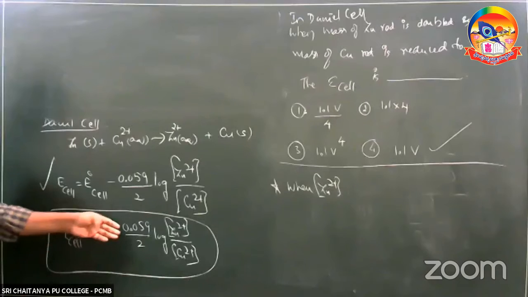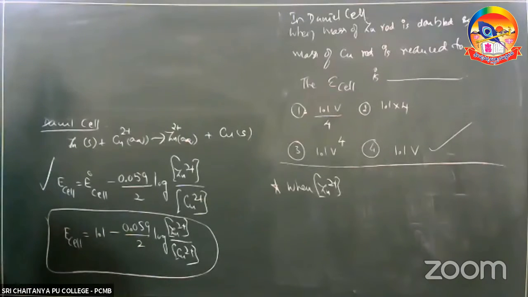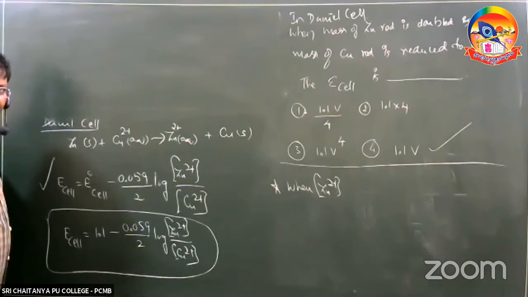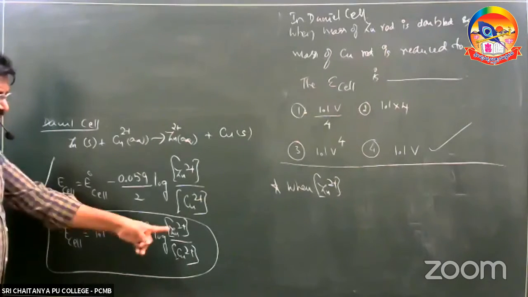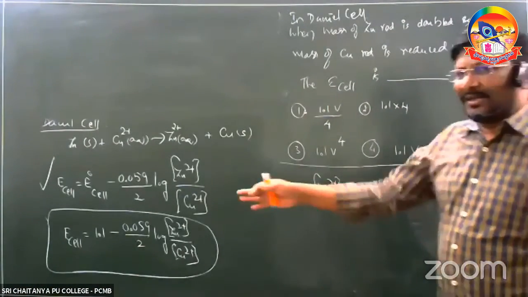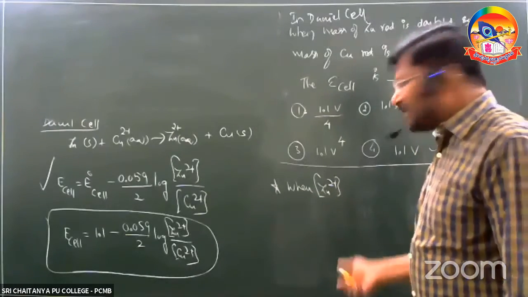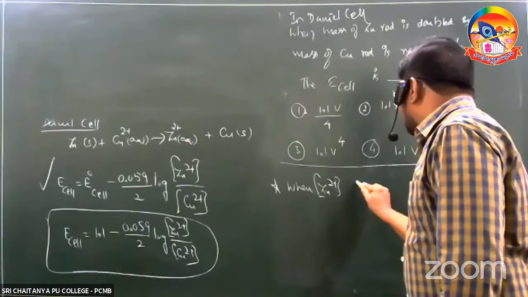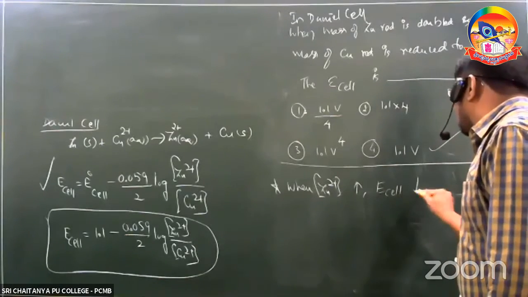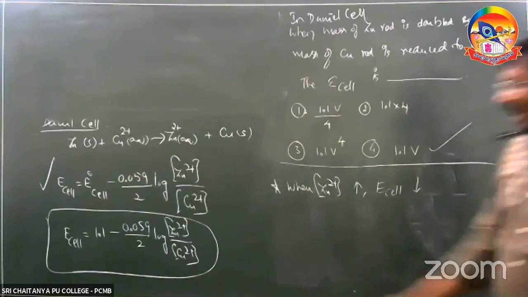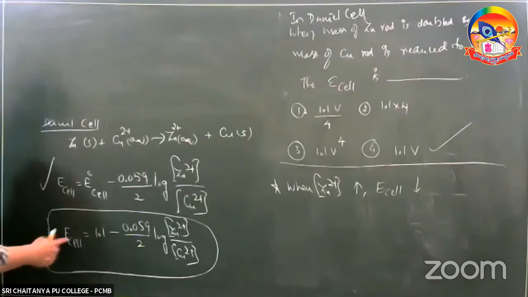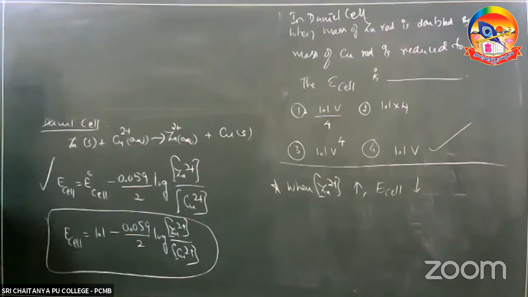Remember, because the minus sign is there, when Zn2+ concentration increases, E cell decreases. If the minus sign were not there and a plus were there, it would be directly proportional. But minus is there, that's why it is inversely proportional.